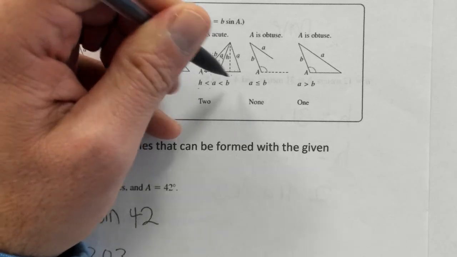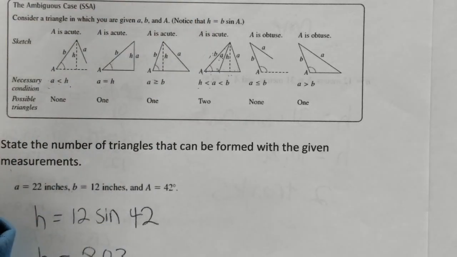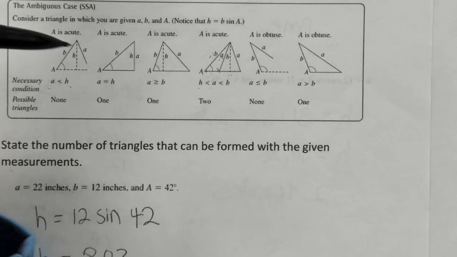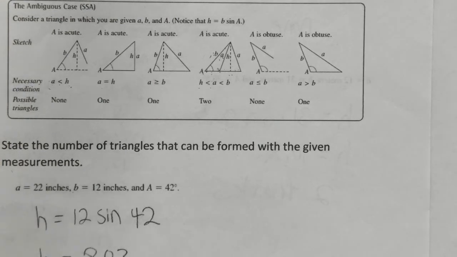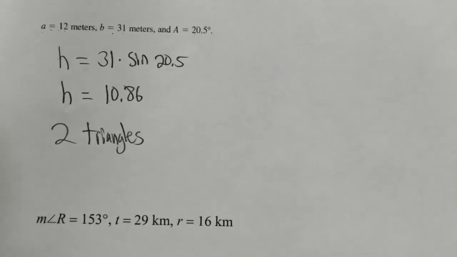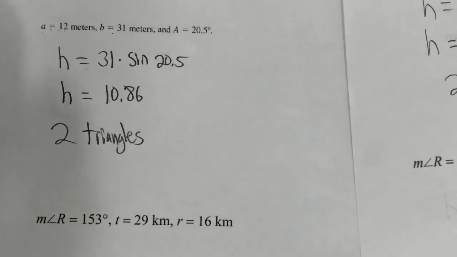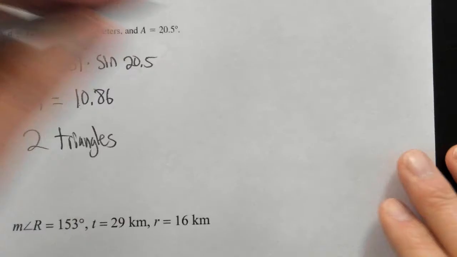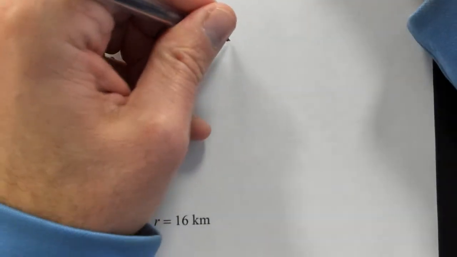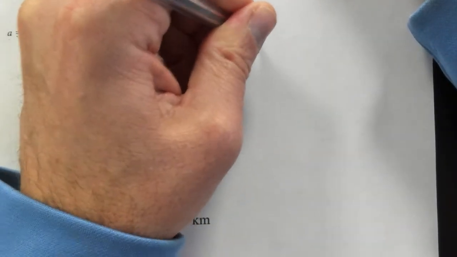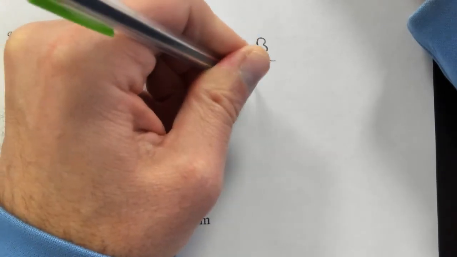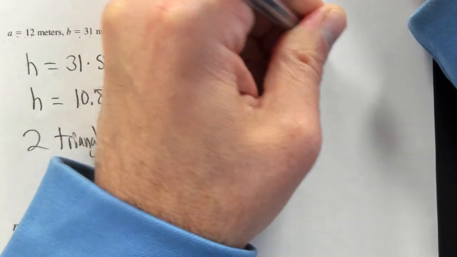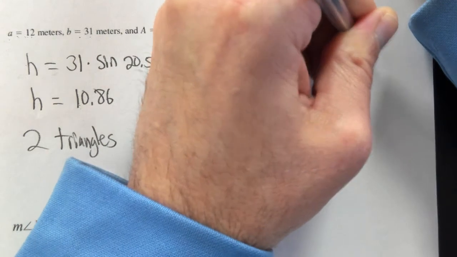And side C can even change. Okay, so that's kind of what you've got to be aware of here. And so if you went in and you solved them, like for example, let me show you how angle B can be 2 different things. Okay, so if I were to solve this now for angle B, I could write the sine of B over 31 equals the sine of 20.5 over 12.